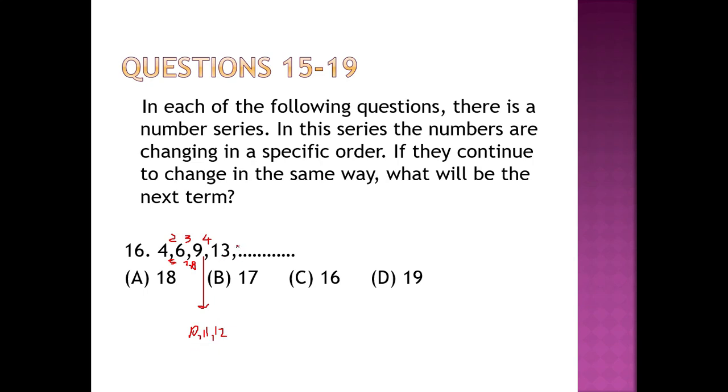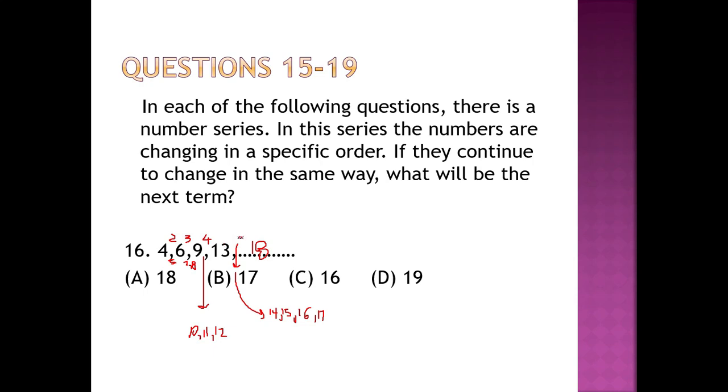So for the next one in the series, 4 numbers should be missing, right? So we're skipping over 14, 15, 16, and 17, right? 1, 2, 3, 4, and that would be 18.